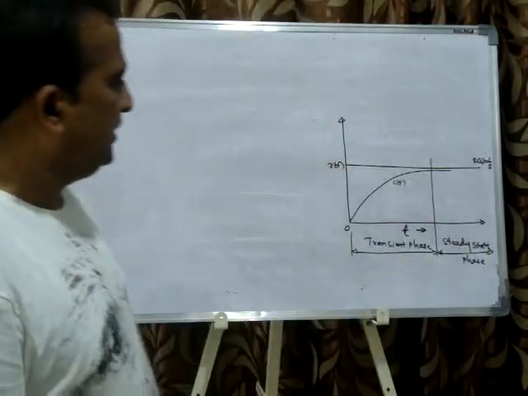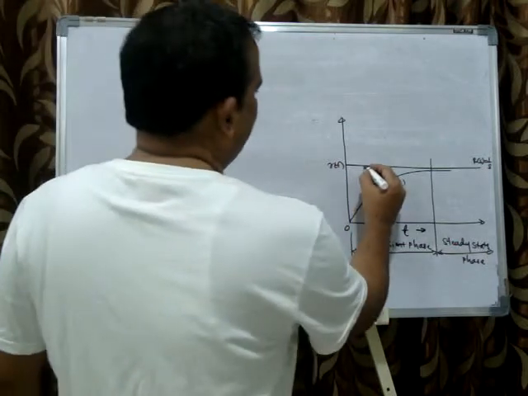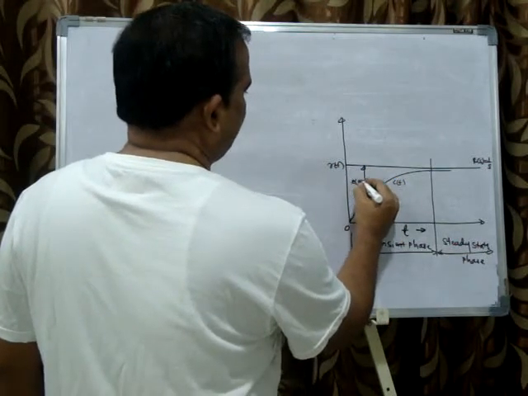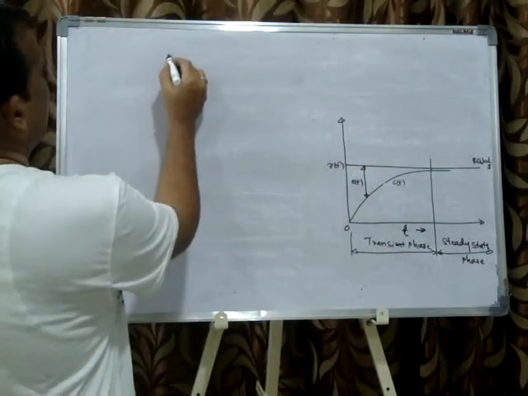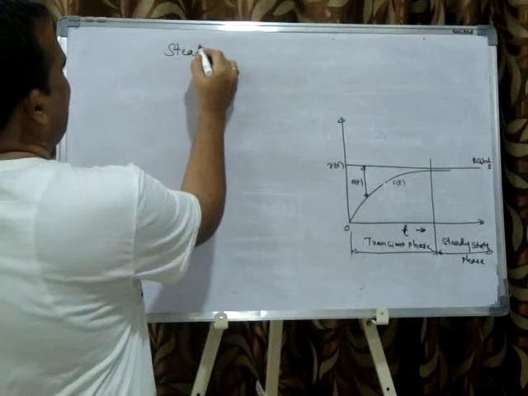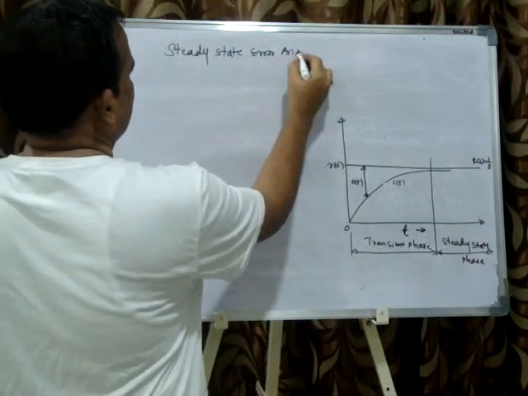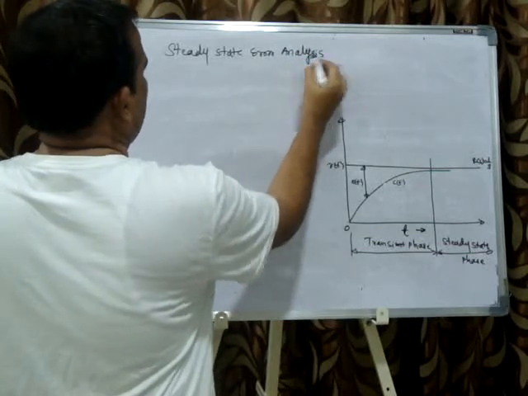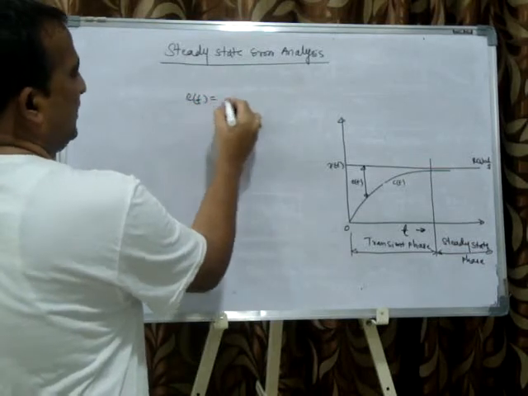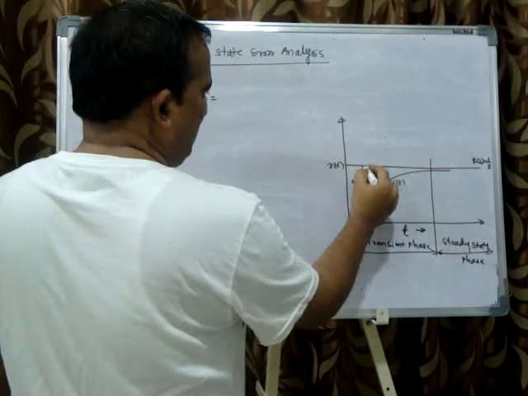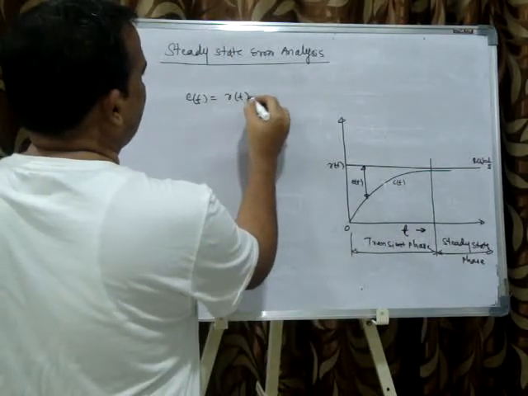Now one more thing, I will talk about the steady state error. I will put a heading, steady state error analysis. Here the error is equal to the difference of input and output, that is R of t minus C of t.